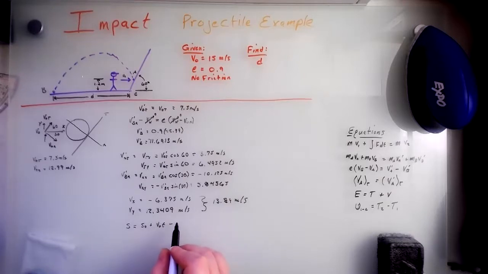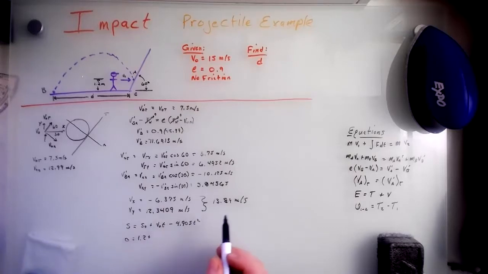In this case, it's going to be minus 4.905 t squared, right? And s is 0, right? This is 1.2 meters, then plus our v naught, in this case, is 12.3409 t minus 4.905 t squared.